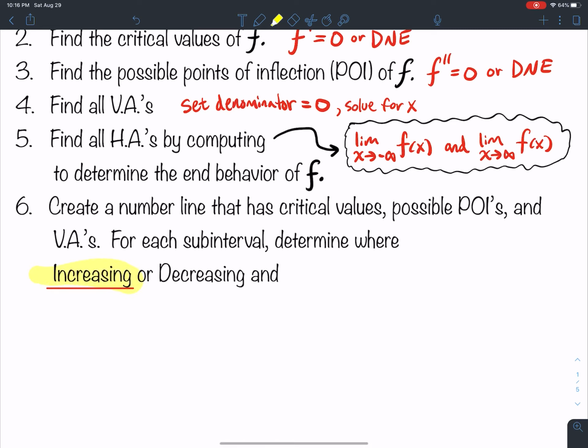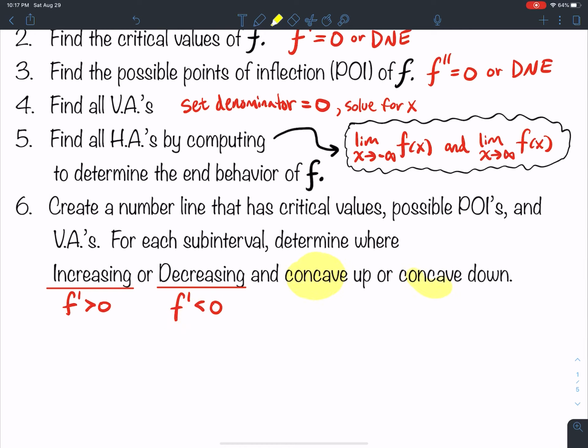How do I know if a function is increasing on that sub-interval? Well, if the first derivative is positive, then we're increasing. If we're decreasing, that means the first derivative is negative, okay? Now, concave up, concave down, so that's like this or like that, right?